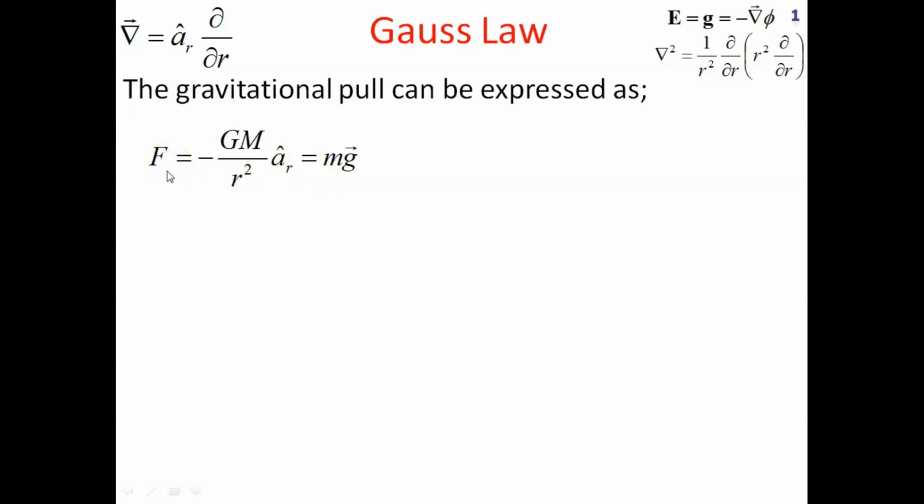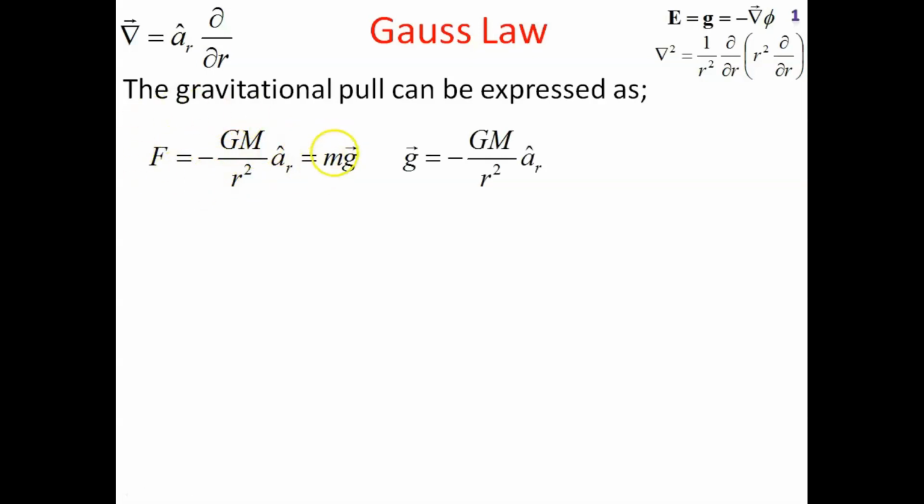If we consider Earth to be the gravitating object and set the origin of the spherical coordinate system at the center of the Earth, then a_r cap is a direction which is directed outwards and gravitational force is in the opposite direction. So the minus sign has an explanation here, that it is representing the minus a_r cap direction.